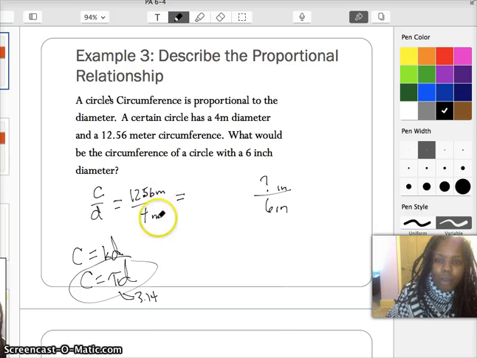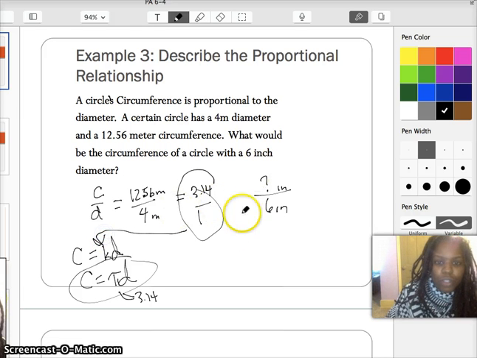When I figure out the unit rate, what the circumference is for each unit of diameter, the relationship is 3.14 over 1. So this is my constant of proportionality.